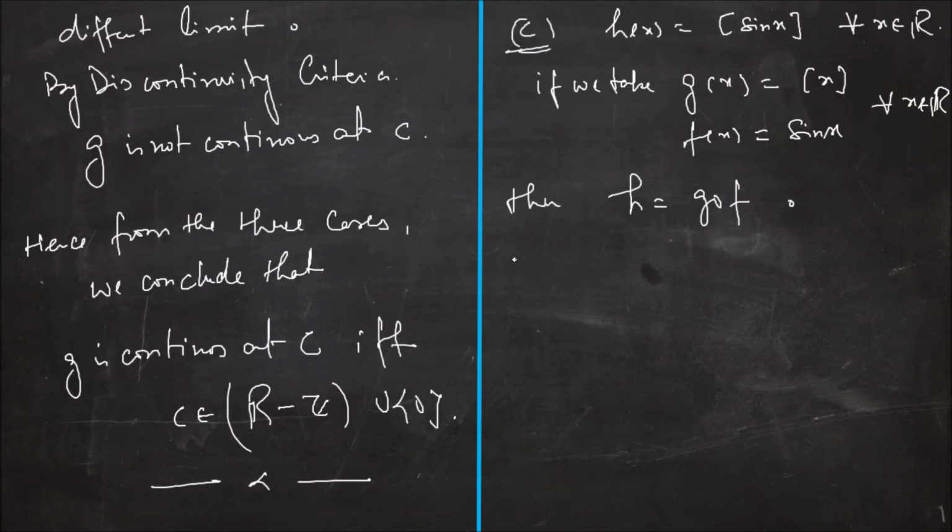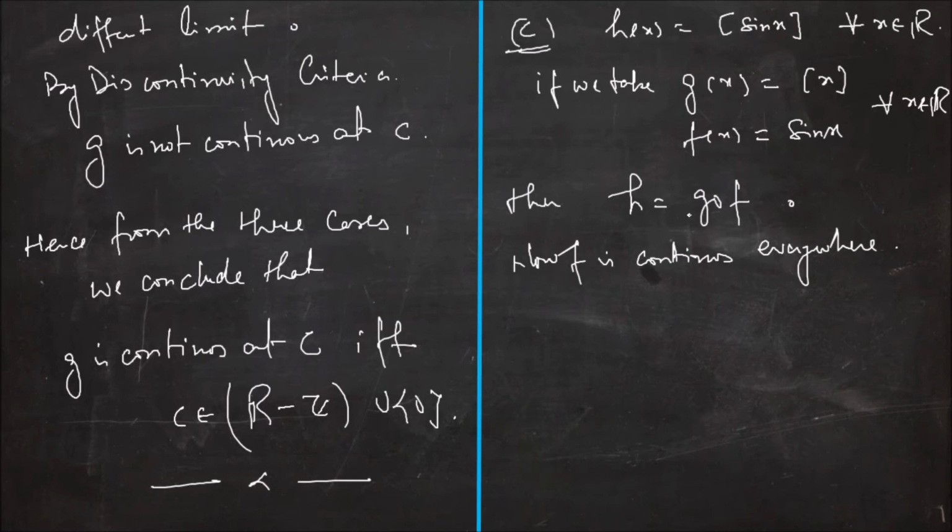Now f is continuous everywhere, so f will not create any problem in the continuity of h. So h can be discontinuous only at the points where g is discontinuous. If g is continuous at a point c, then h should be continuous, because the composition of two continuous functions is continuous.